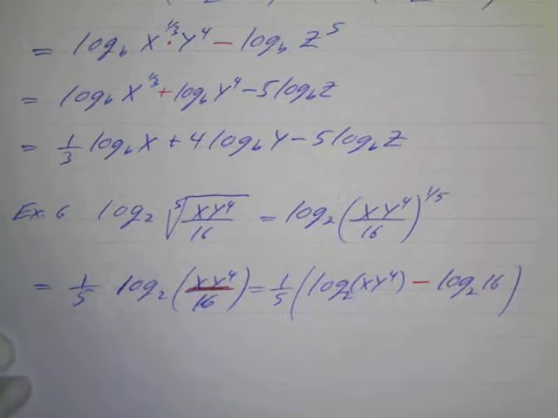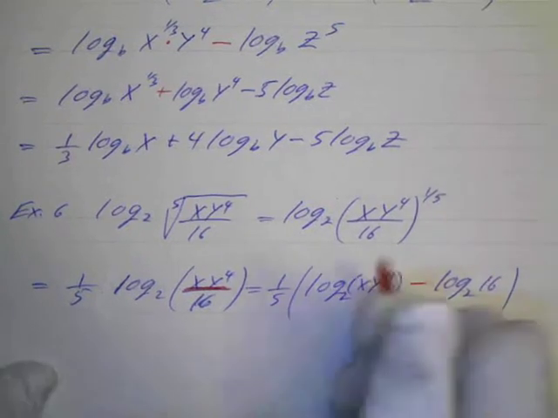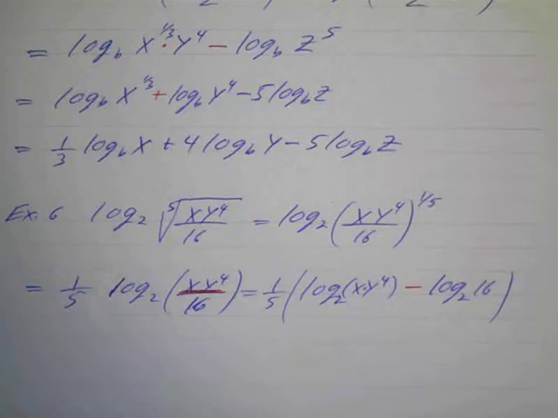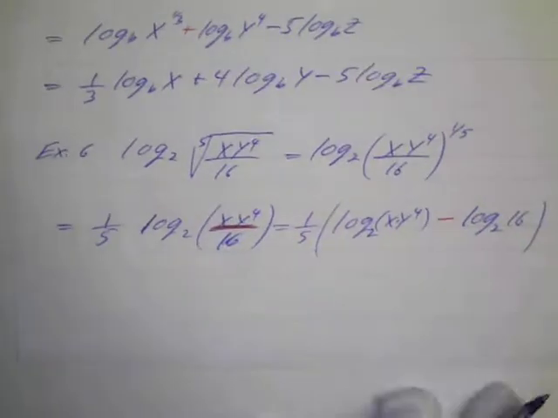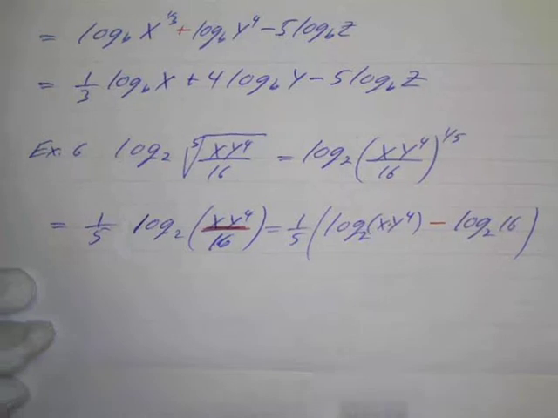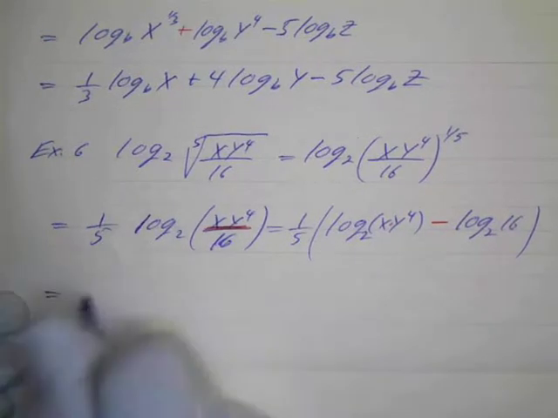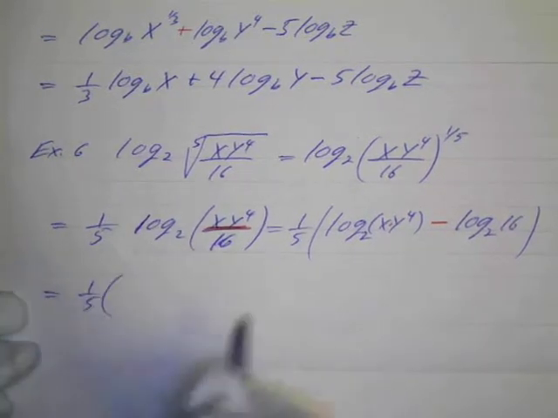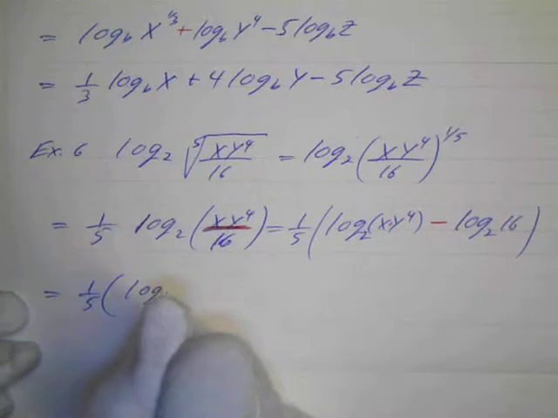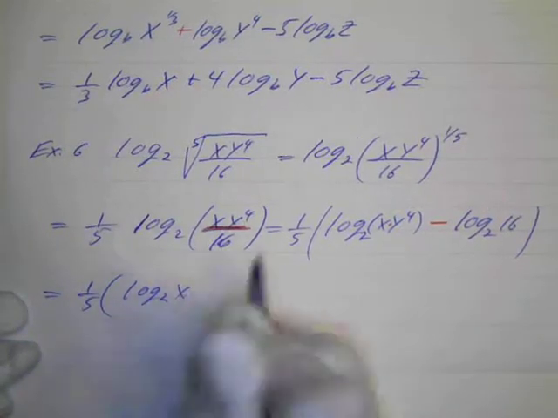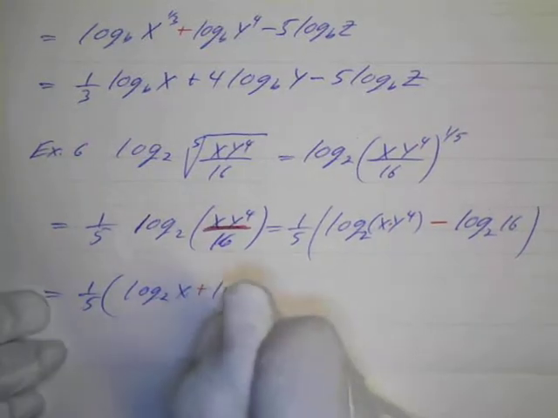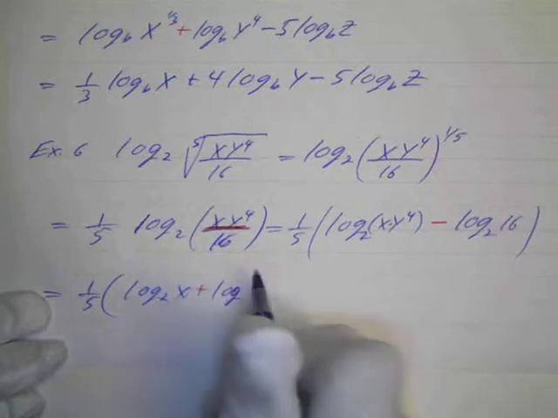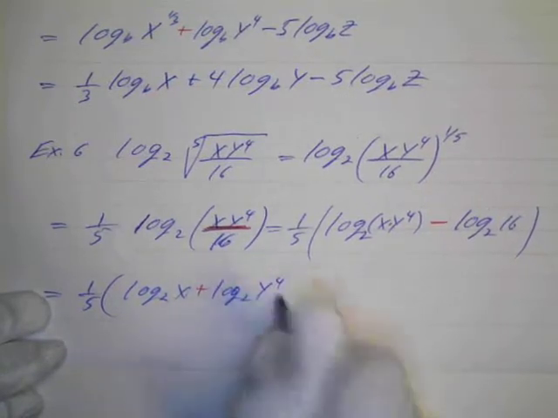Okay. And now this is a product, I should say, so I can change that to a sum, so now I can rewrite this as equals 1/5 log to the base 2 of x plus log to the base 2 of y to the 4th.